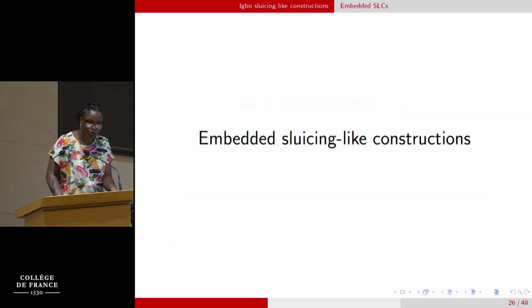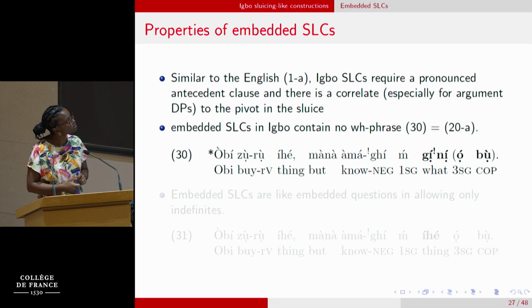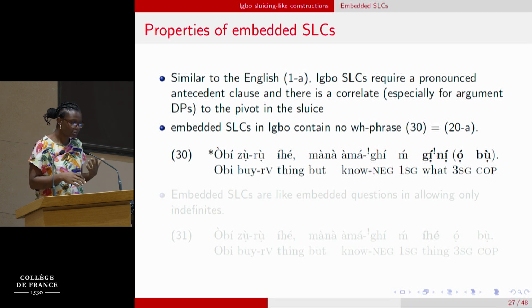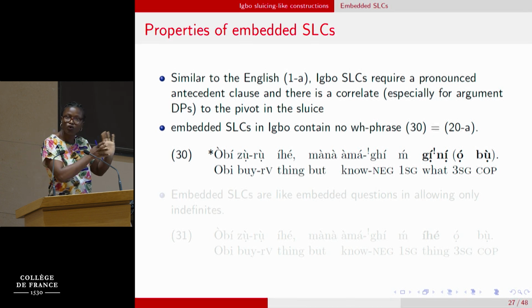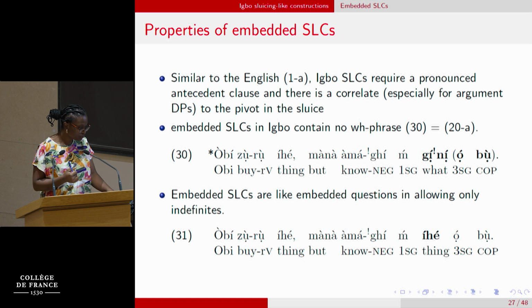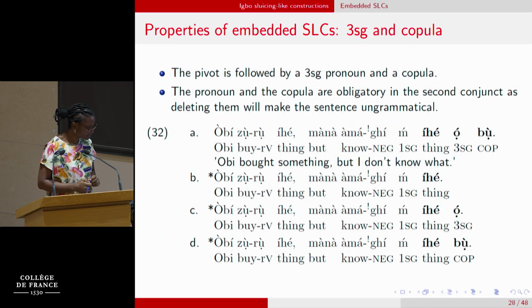So now moving on to embedded sluicing-like constructions. Similar to English, Igbo also requires a pronounced antecedent. So you get a correlate like someone or something in the antecedent clause. And as I showed you earlier, we do not get the WH phrase, but rather an indefinite, something like thing or person or place and the rest.